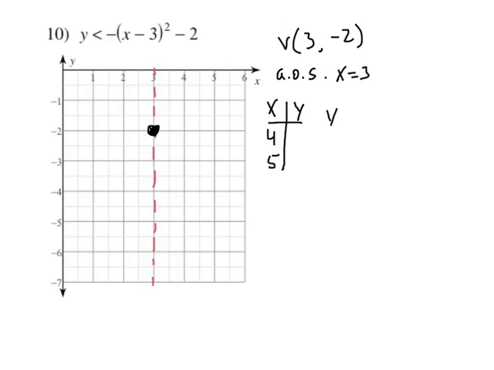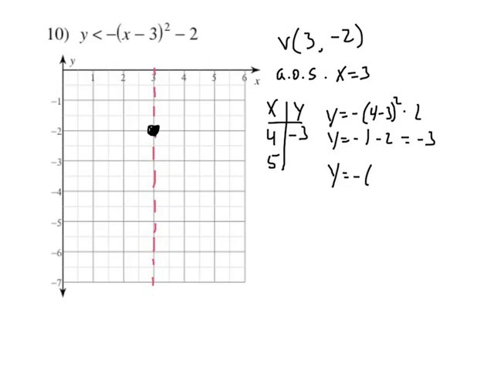So I have y equals negative 4 minus 3 squared minus 2. Well, 4 minus 3 is 1. 1 squared is 1. So I have y equals negative 1 minus 2, which is what? Negative 3. Let's plug in 5.